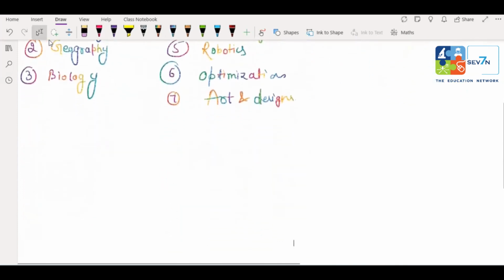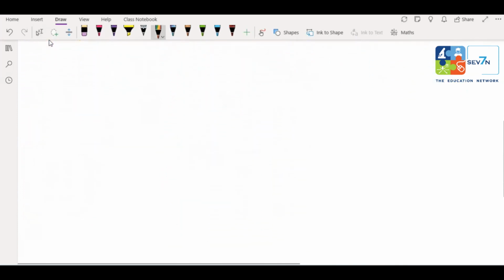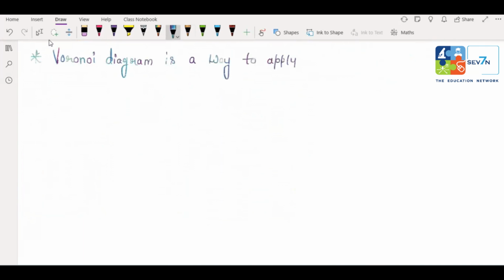In short, the Voronoi diagram is the way to apply your theoretical knowledge to practical situations.